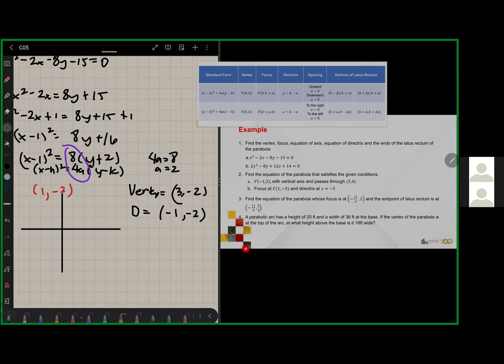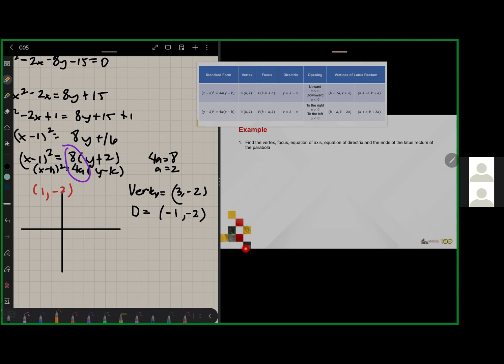So here is 1, and this is our negative 2. Therefore this is our parabola. It is just the same, there are no changes. 1 comma negative 2. Sorry for the confusion.